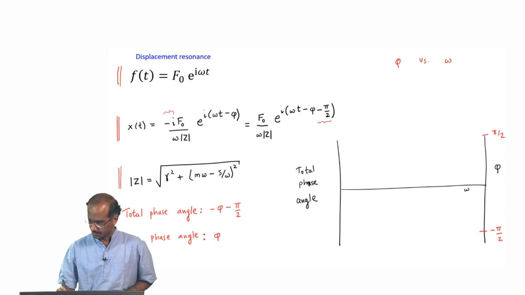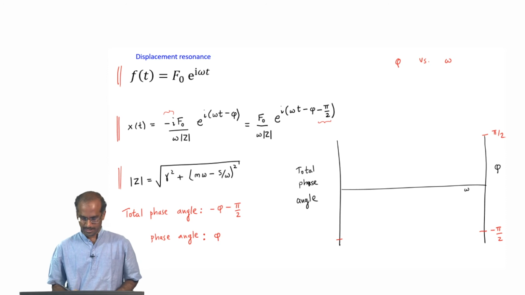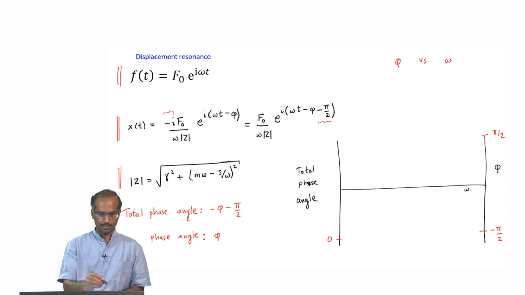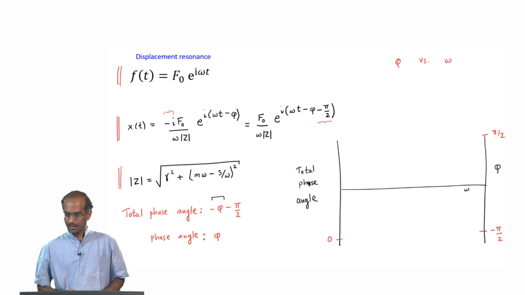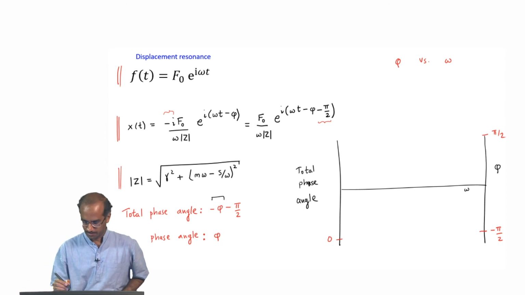On the other hand, when phi is equal to minus π/2, the total phase angle would be simply equal to 0. That is because you simply substitute minus π/2 in the value of phi, which will just give you 0, and when phi is equal to plus π/2, it will give you minus π. So, the value here would be equal to minus π.